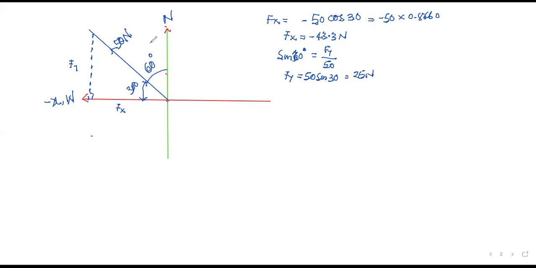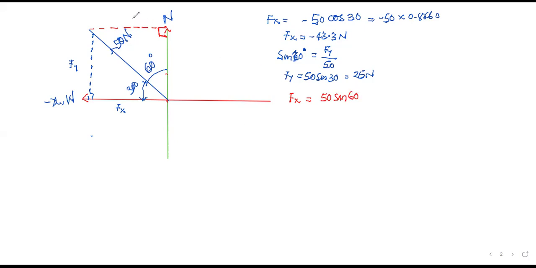The other way out is that we can use the angle it makes with the north or y-axis. When you use the angle it makes with the y-axis, Fx will be equal to 50 sine 60.